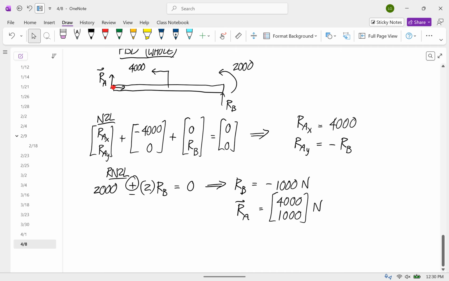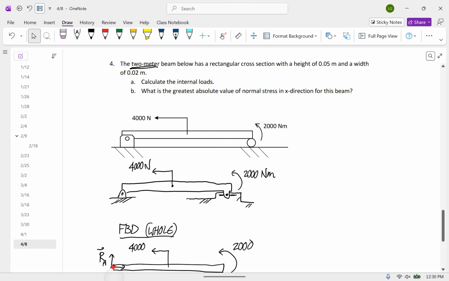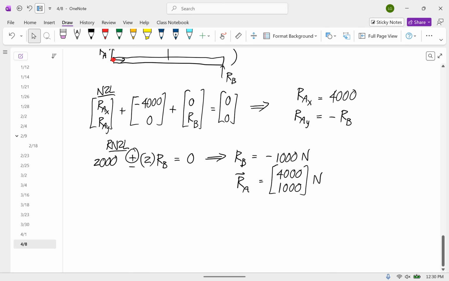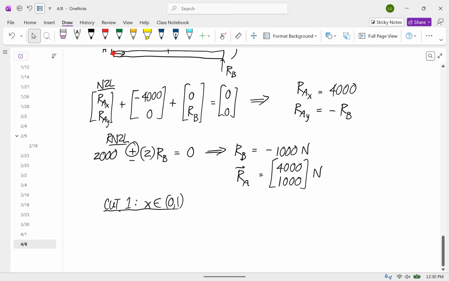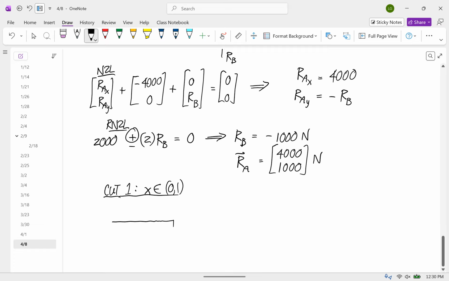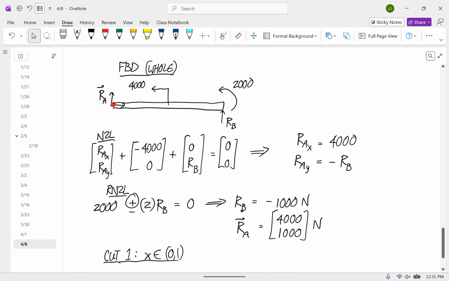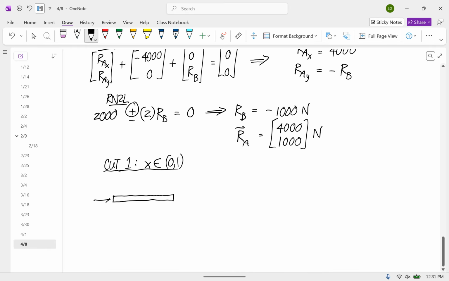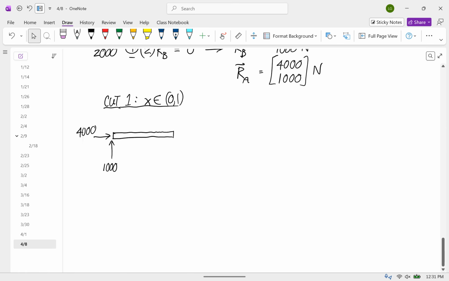And now we have to do our cuts. So cut 1 is for x's between 0 and 1. So we have 4,000, a 1,000. We haven't gotten to that middle part yet.